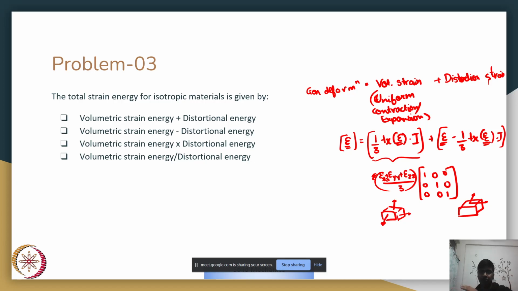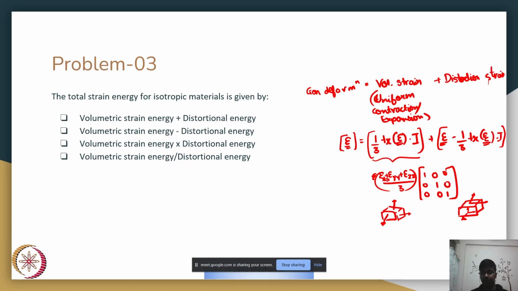The cube might also shear in different directions as shown by these arrows. Since your general deformation is in that manner, your total strain energy is also decomposed in a similar manner. You have a volumetric strain energy term and a distortion strain energy term.